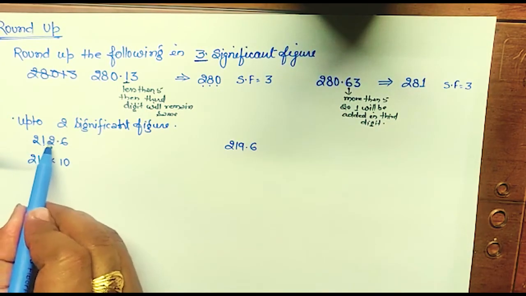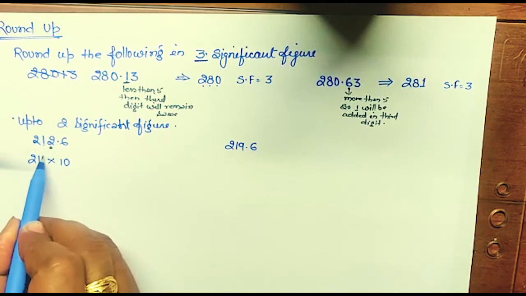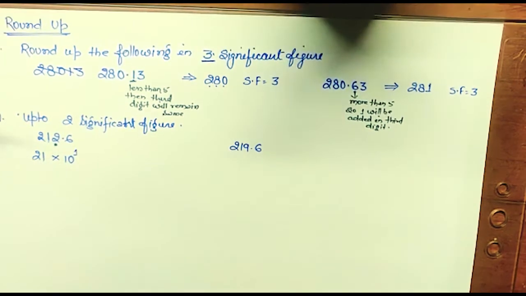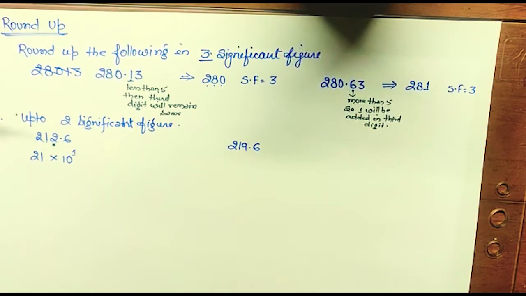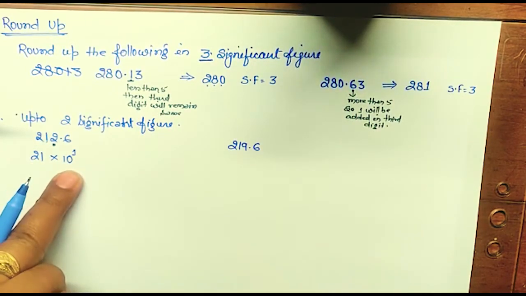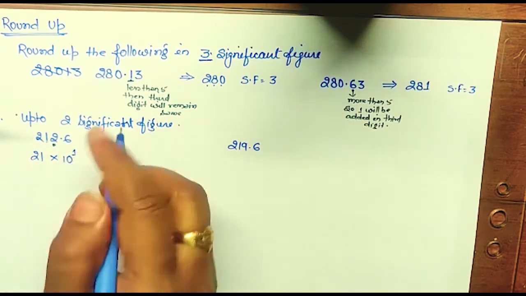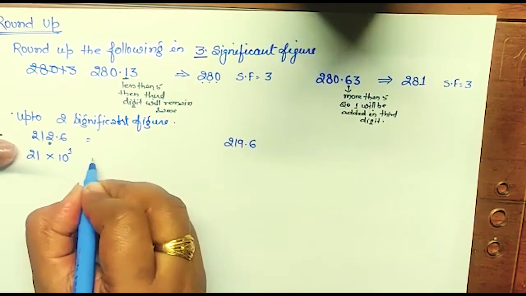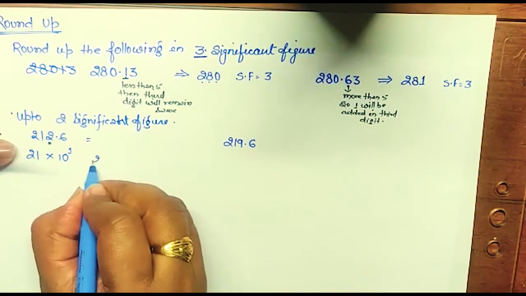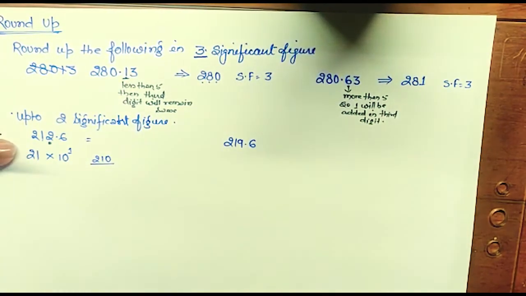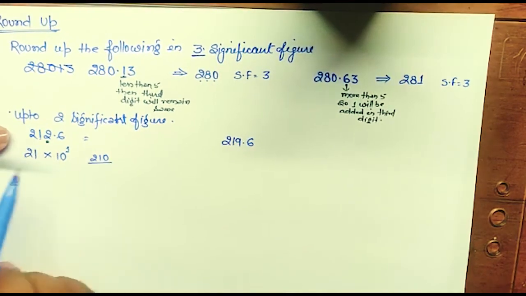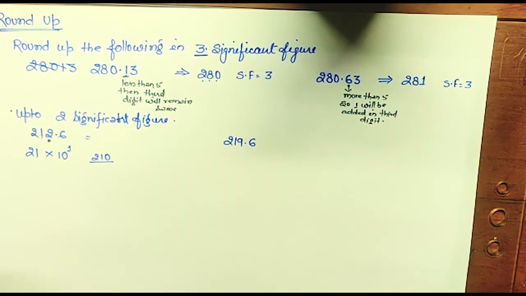Just 1 and 10 is left over here, so you make it like this. Clear? Any doubt? So this is 2 significant figures, 2.1 times 10 squared, which is almost 210. If you consider this value, it is almost the same, rounded up, isn't it? Clear?